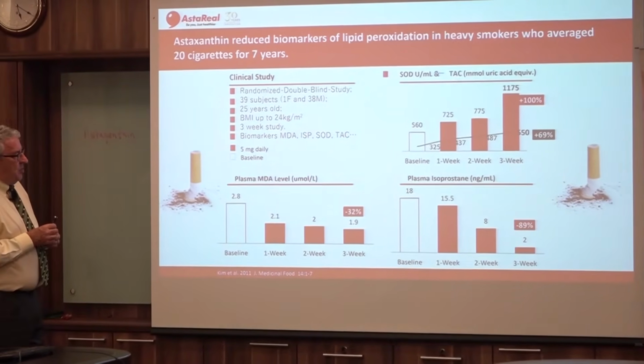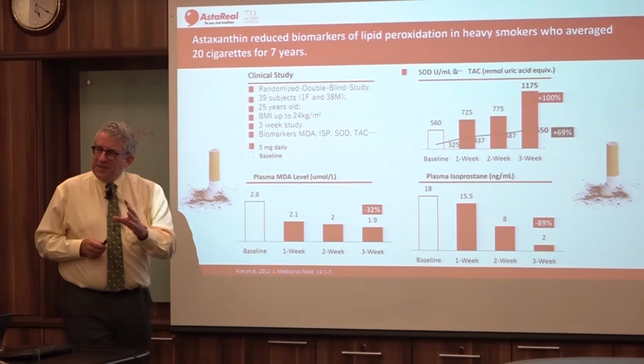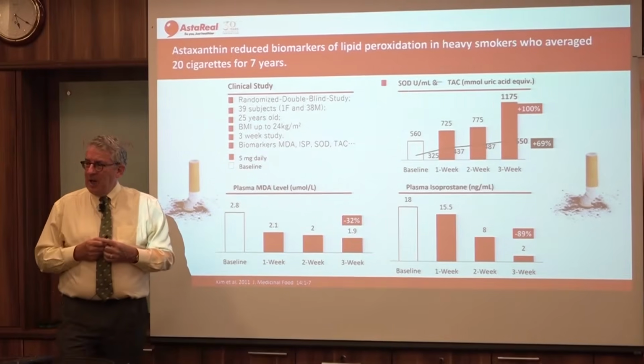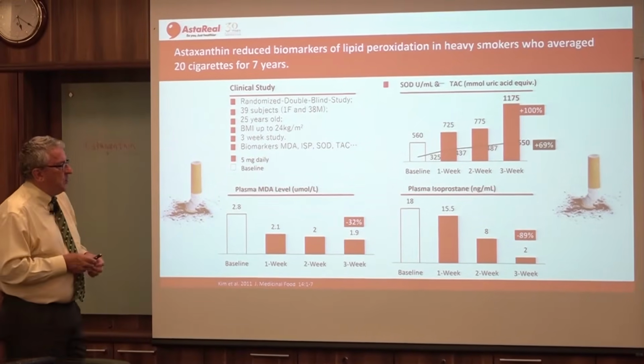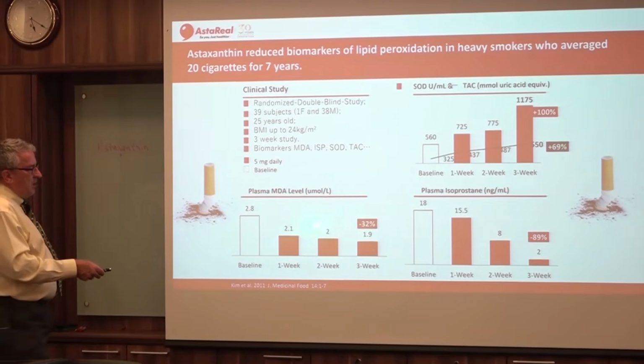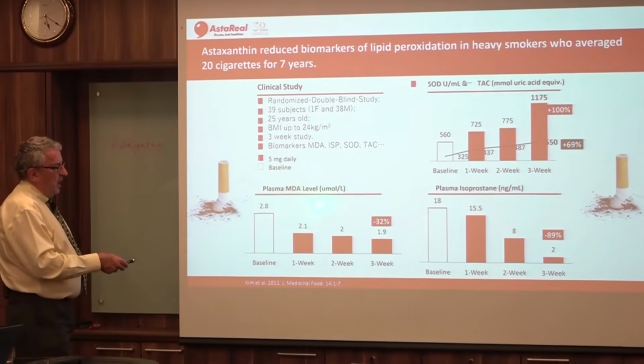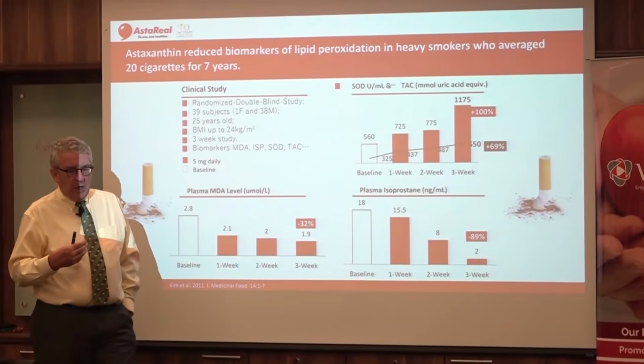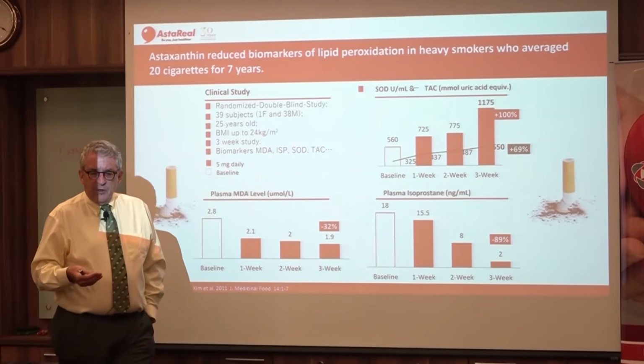Again, this is the same sort of scenario. Instead of being in obesity, now we have smokers. Yeah, that's going to create reactive oxygen species. Here we have a nice 32% reduction, again in MDA. Isoprostane is another indicator of membrane phospholipids.